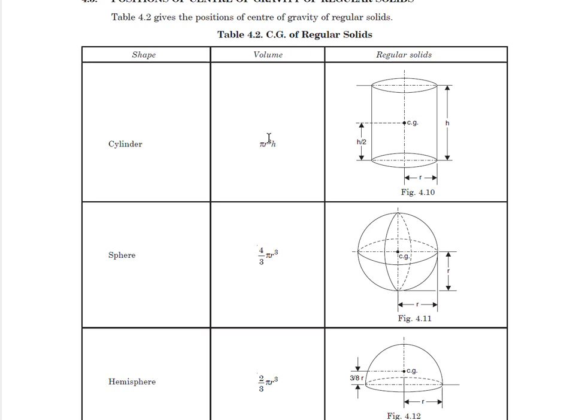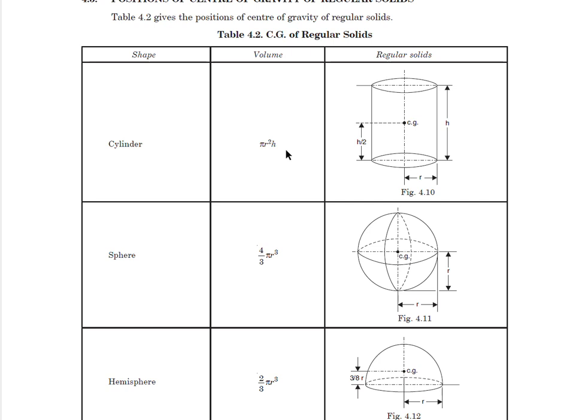which is nothing but the weight per unit volume. Because we know the volume, and the density of the solid is uniform throughout, we can simply multiply it by the weight per unit volume, pi r square h into w, where w is the weight per unit volume.